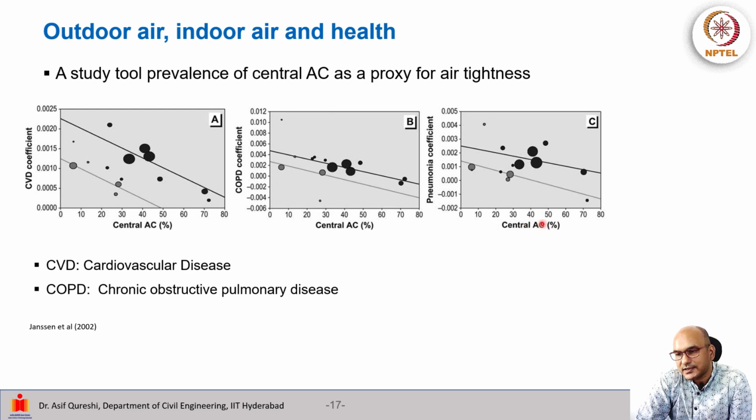The slope is less pronounced than the other two. There is a minor decrease when they plot the central line. So again, the more the central AC, the more airtight the building and the less infiltration occurring, and therefore less pneumonia, let us say. So there is some indication that the outdoor air pollutants do impact the indoor health.